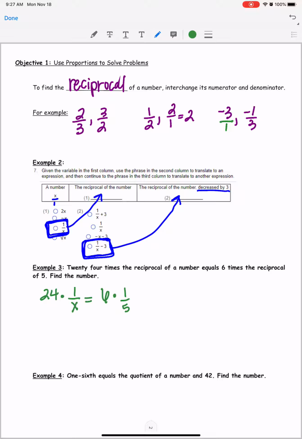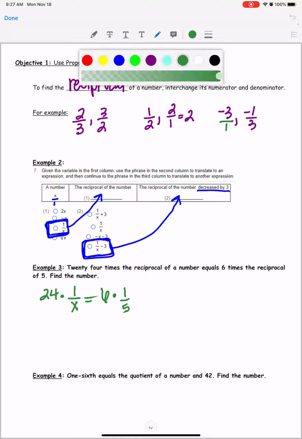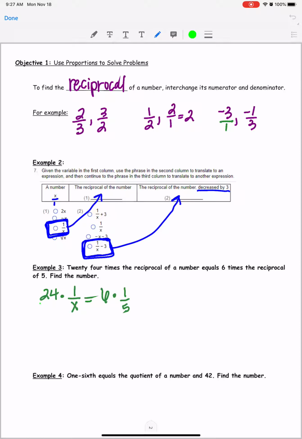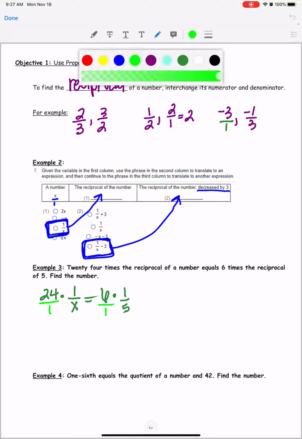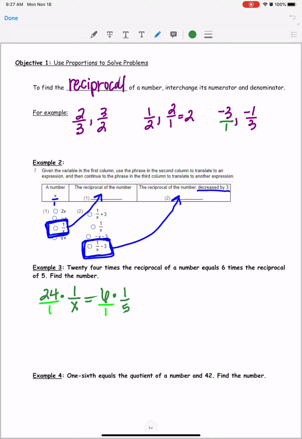So fraction rules tell me we can multiply straight across. This is the same as 24 over 1 and 6 over 1, but multiply straight across. So 24 times 1 is 24, 1 times x is x, equals 6 times 1 is 6, and 1 times 5 is 5.